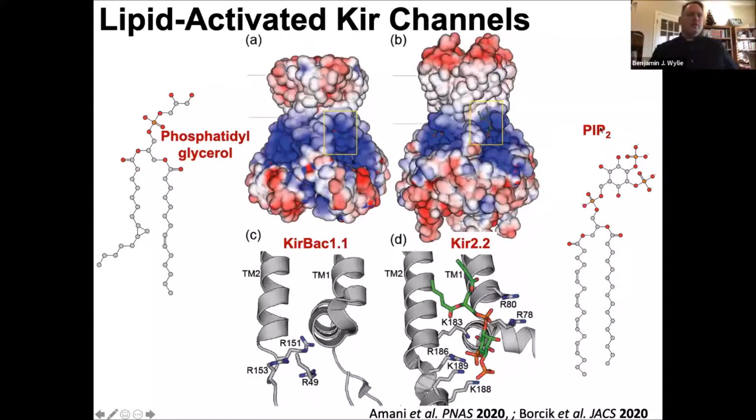You do not have these large inositol lipids in bacteria, right? So you have a similar gating mechanism, as I'm going to tell you, but it's going to be triggered by a smaller head group, right? But we do actually have eukaryotic versions of these channels expressing in the lab too. So in the coming years, we're going to be telling you more about that.